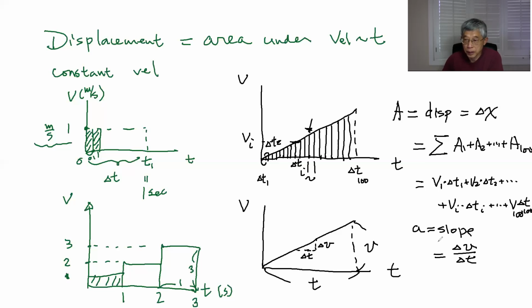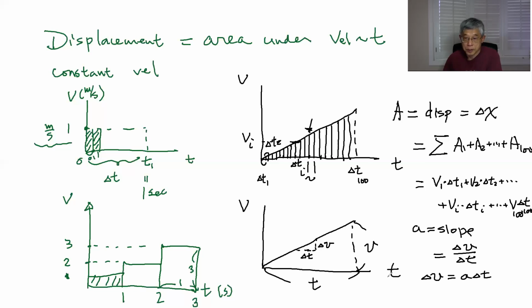You can see that slope is your acceleration. So delta V is equal to A delta T.